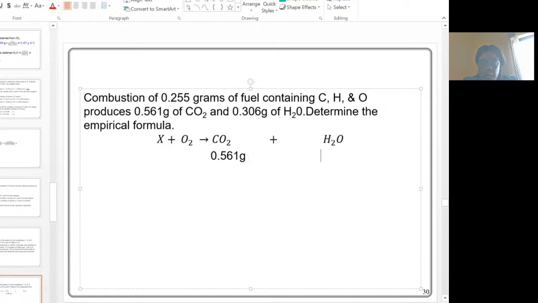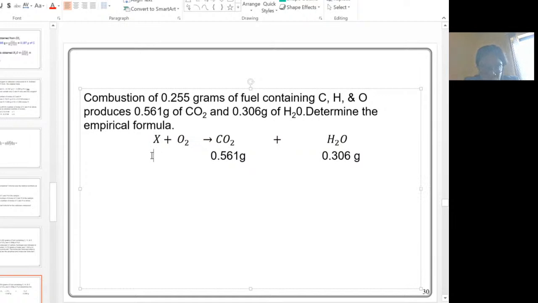Then for water, we have 0.306 grams. We need to use these quantities to help us determine the masses of carbon.